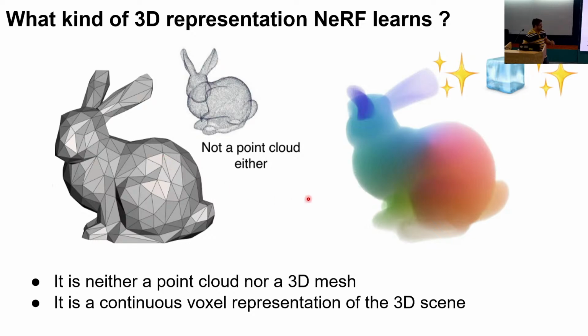Whereas in NeRF you can imagine this as a continuous voxel representation. So it's very dense, because ideally for any 3D point you can query the MLP and you will get the density and the color for that particular 3D point. So it's continuous in nature, and that is why it is so popular, and it was very popular in the novel view synthesis task.